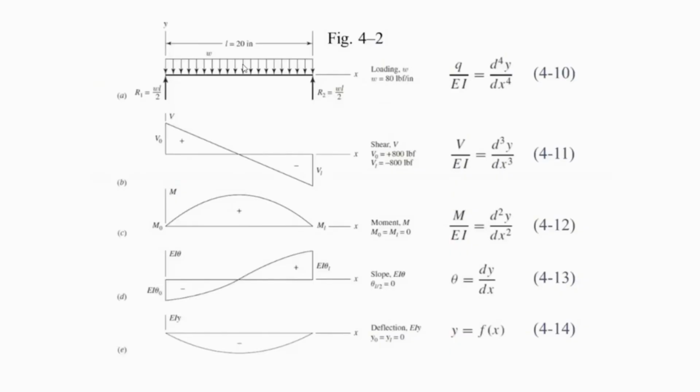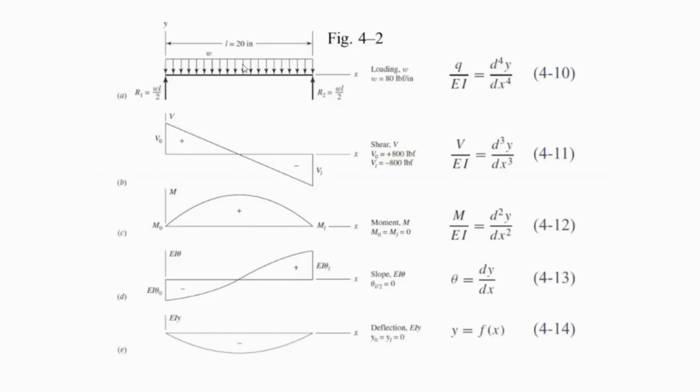q represents a load intensity function. Here we have w, and on the previous slide, q represents a load intensity function. And when we integrate the load intensity function, we obtain the shear force, because the load intensity function is the first order derivative of shear force with respect to x.